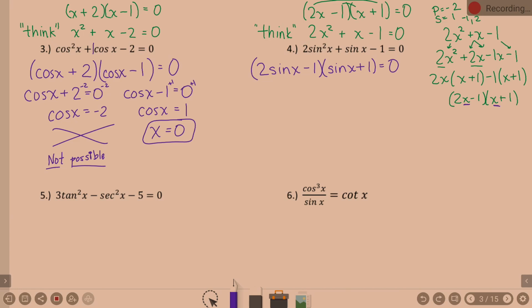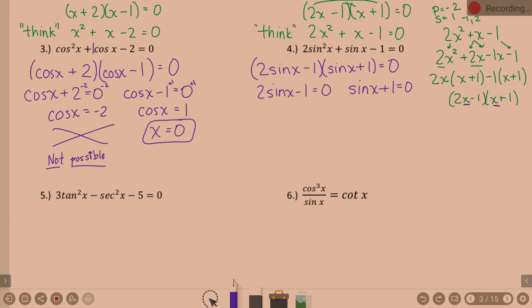Okay, do we know where to go from here? Set each factor equal to 0. So 2 sine x minus 1 equals 0. Sine x plus 1 equals 0.